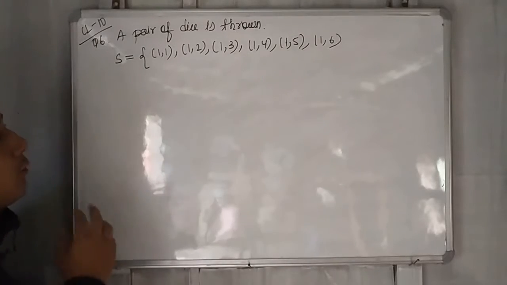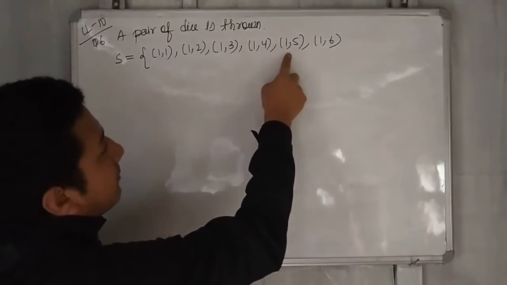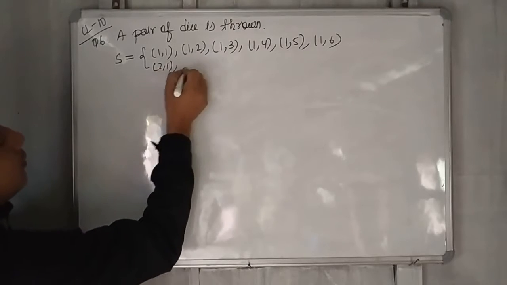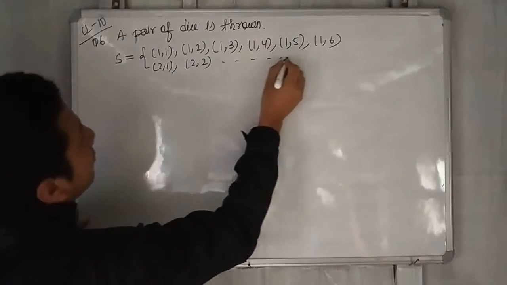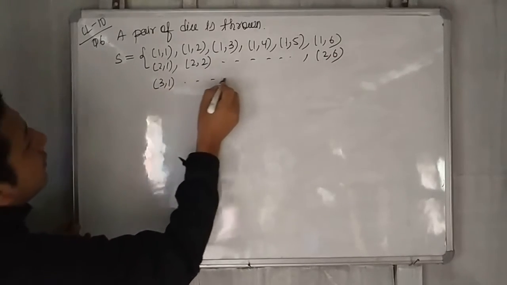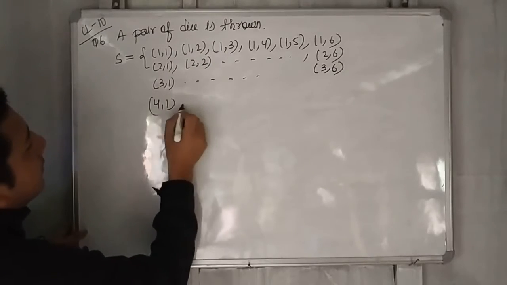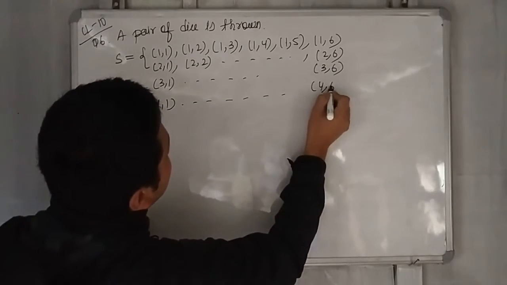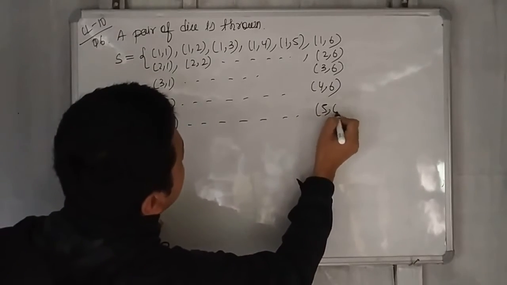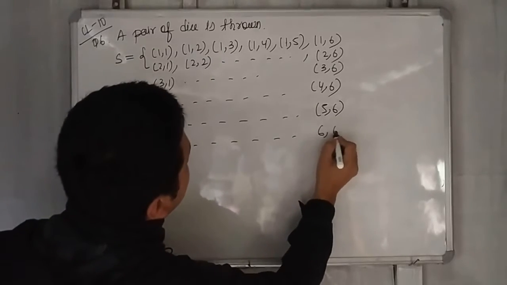So the sample space will be 1, 1, 1, 2, 1, 3, 1, 4, 1, 5, 1, 6. Also 2, 1, 2, 2, up to 2, 6, and then 3, 1 up to 3, 6. 4, 1 up to 4, 6, 5, 1 up to 5, 6, and finally 6, 1 up to 6, 6.